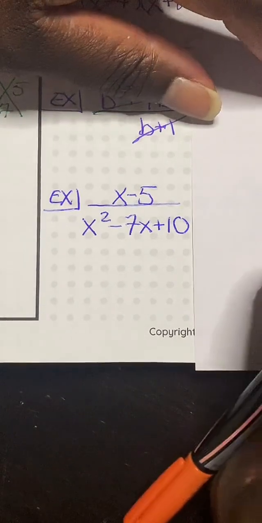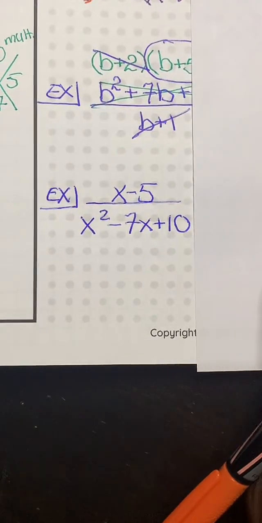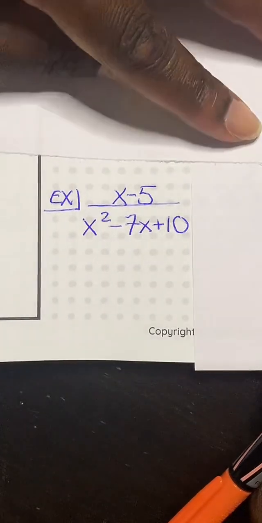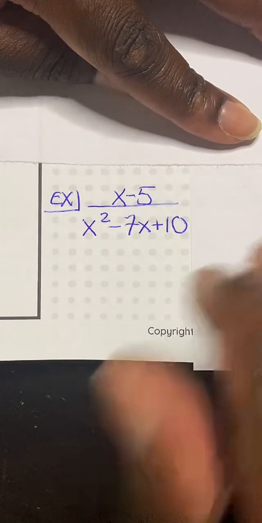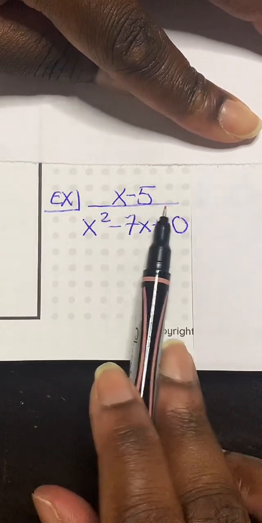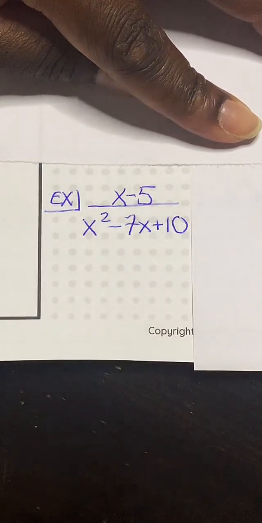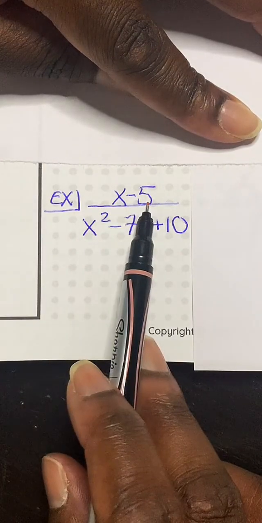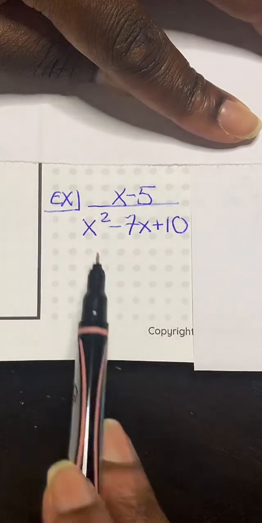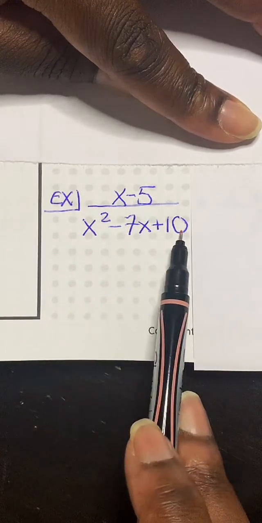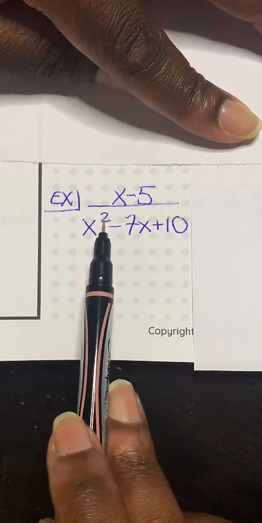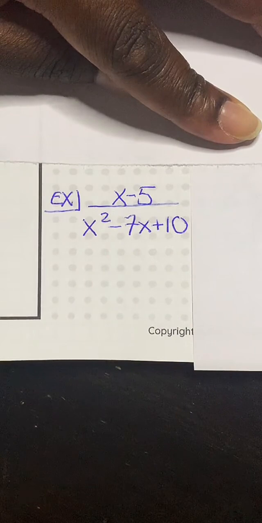For my numerator, x minus 5. That's at its lowest term, a linear expression. Down in the denominator, though, my highest exponent is a 2. So it's a square, and that's telling me I need to factor this.